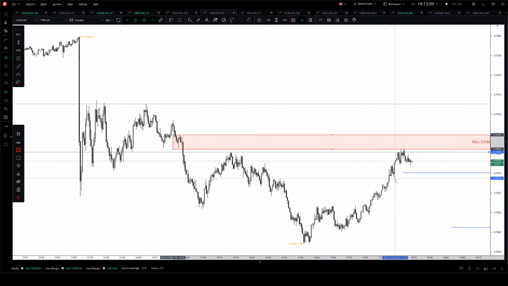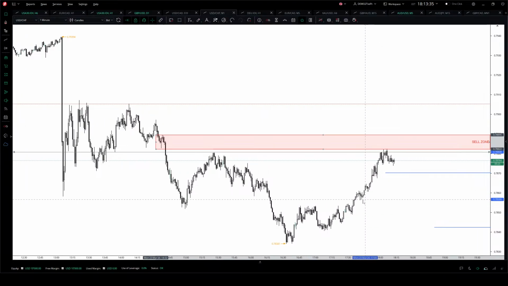It was trying to retrace, but then what happened? Buyers exceeded the sellers and took the price up, so there is a buy interest again possible in this area. Our target is in that region only. If we are able to break the buyers' interest, then the price can drive further below until the second target.